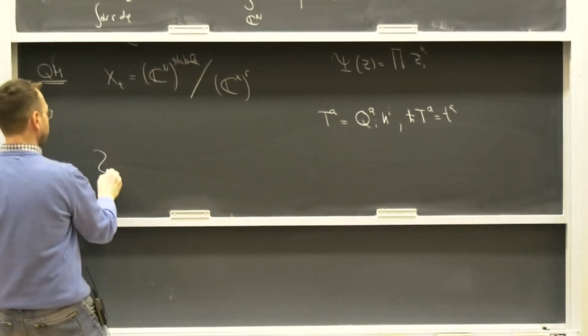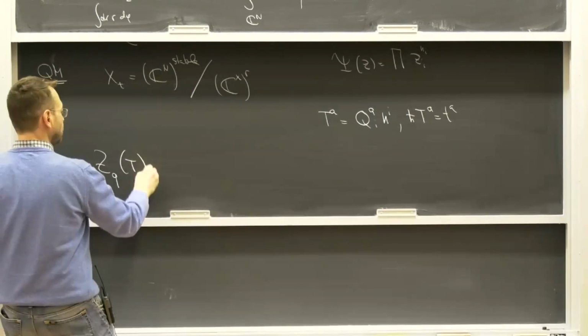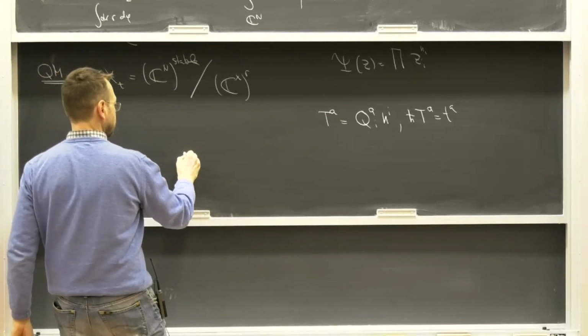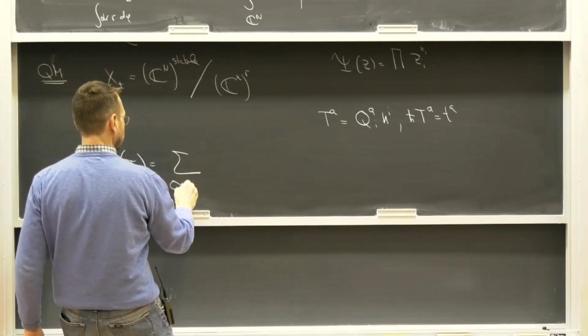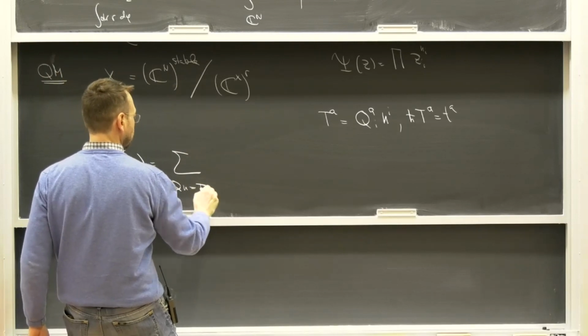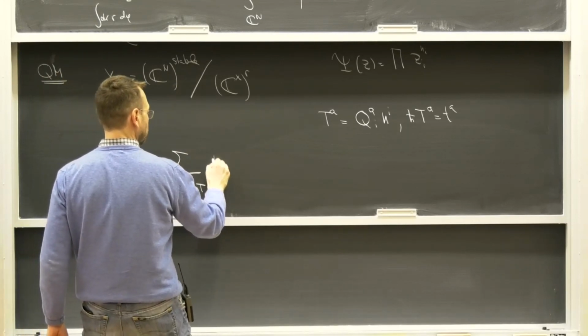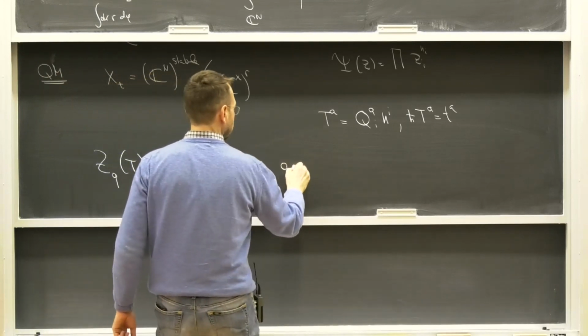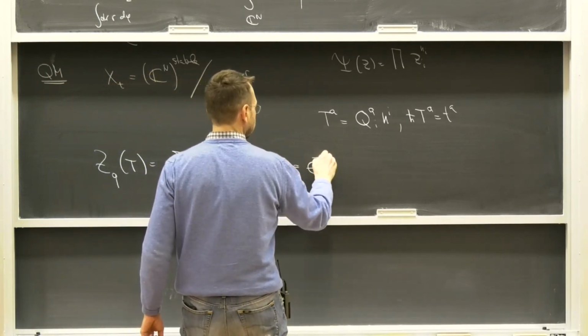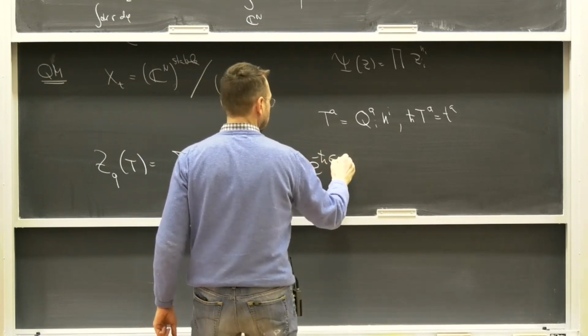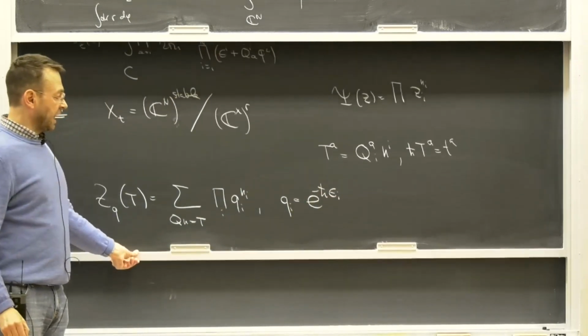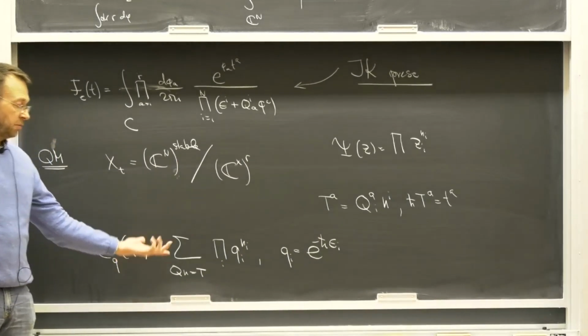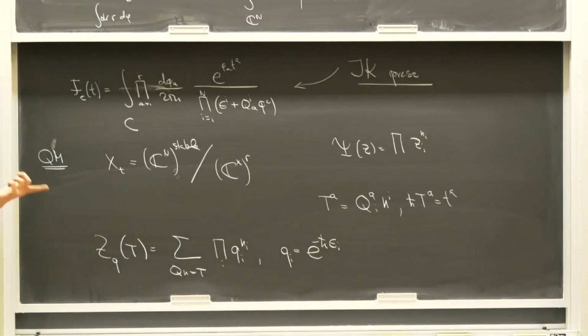So I can write zeta_q of t as a sum over n equal to t, and then I will have here the product of q_i to the n_i, where q will be minus h epsilon_i. So this is a counting of my states, but I keep the U(1) weights.